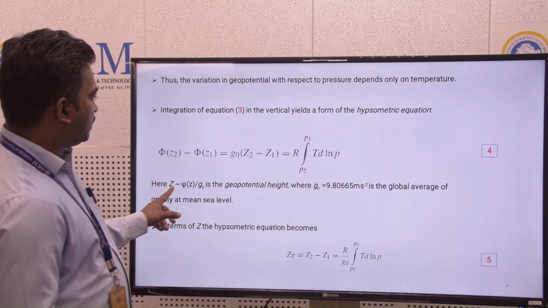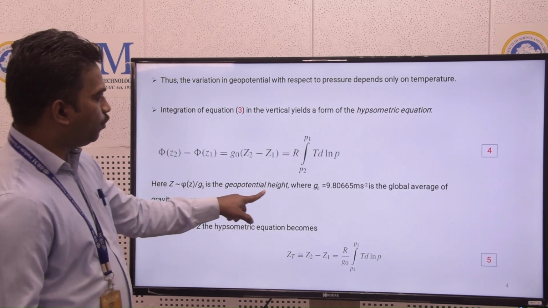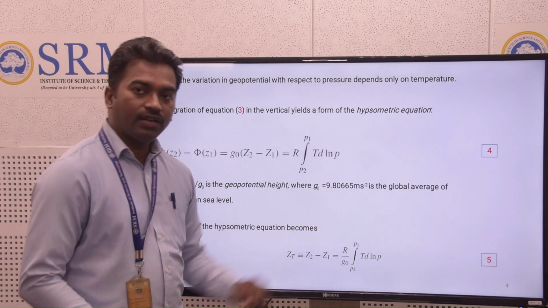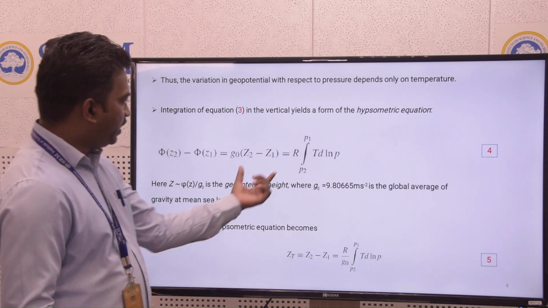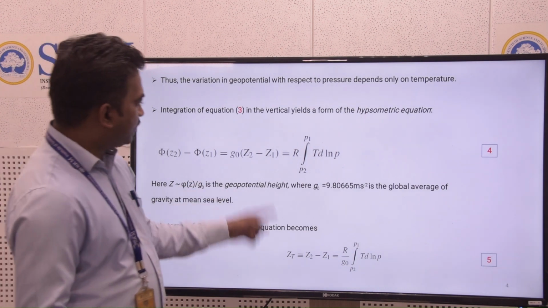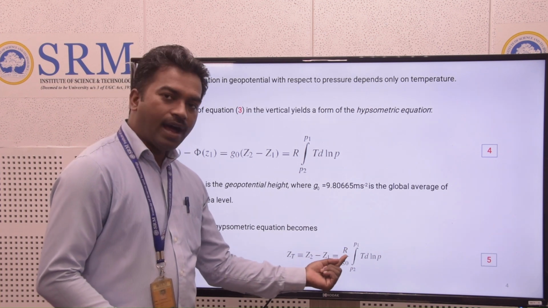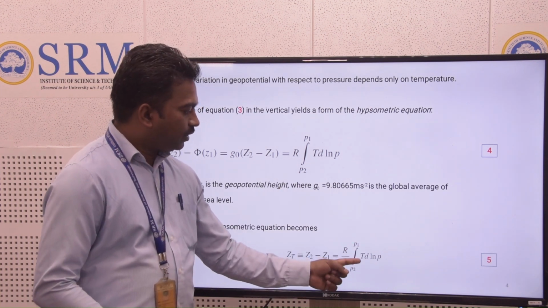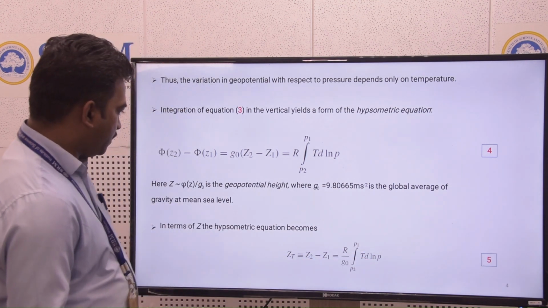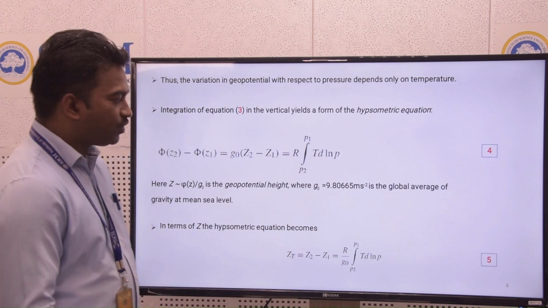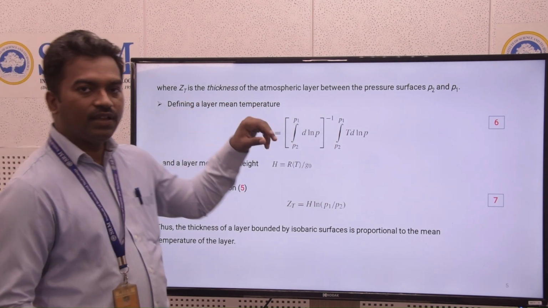Now here z is approximately equal to phi of z by g naught, which is called the geopotential height, where g naught is 9.8 meters per second square. In terms of z, which we call the hypsometric equation, we can write Zt as Z2 minus Z1, which is equal to, bringing g naught to the right hand side, R by g naught integral P2 to P1 of temperature times d natural logarithm of P. This equation we call the hypsometric equation, where Zt is the thickness of the atmospheric layer.